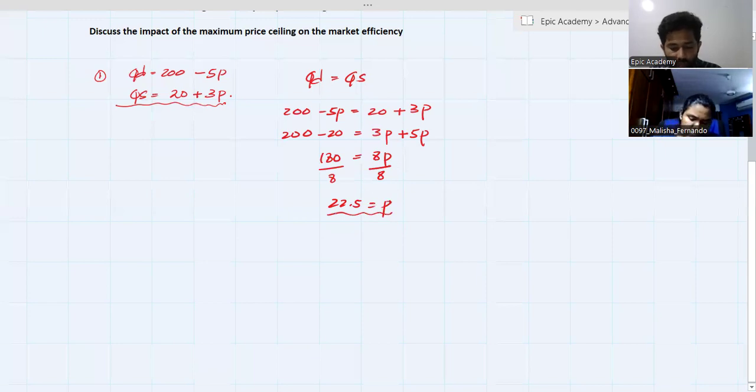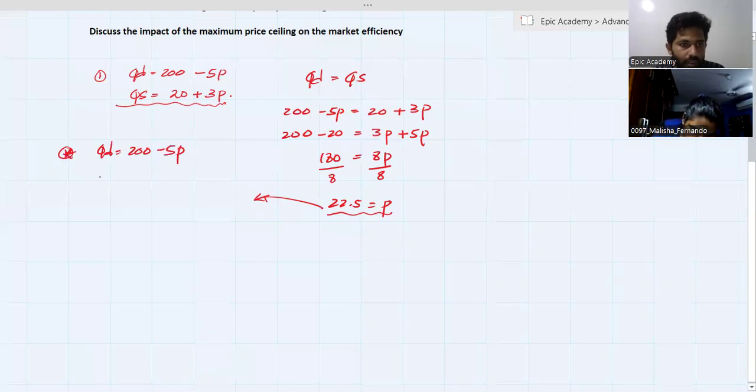You got the value for the price, and then you have to put the calculated value into either QD or QS, just one equation. QD equals 200 minus 5 multiplied by 22.5.